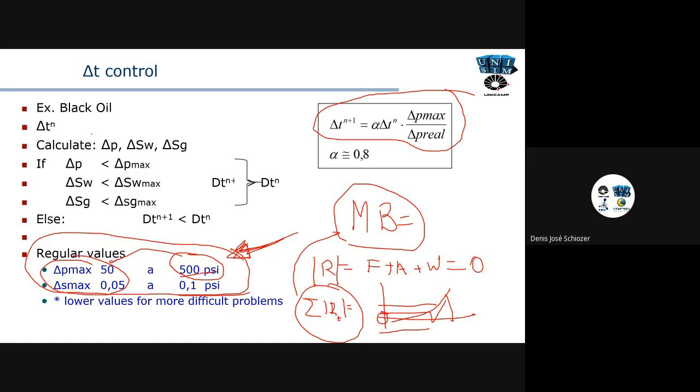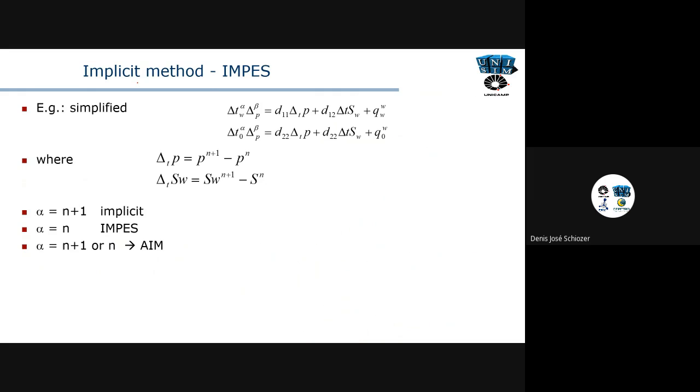So if you want an even better solution, you have to decrease again the time step or decrease the size of the grid and so on, okay? So one way to control your errors and to check whether the solution is good or not is to look into the material balance at the end of your simulation runs, okay? But of course, the way that the simulation controls is using this automatic time step control here, okay?